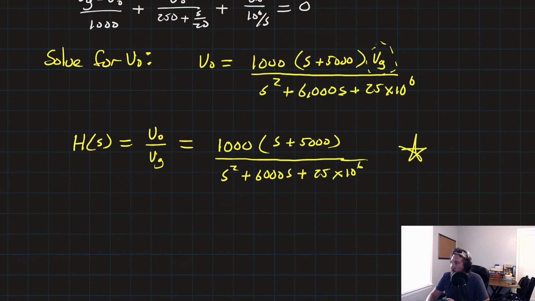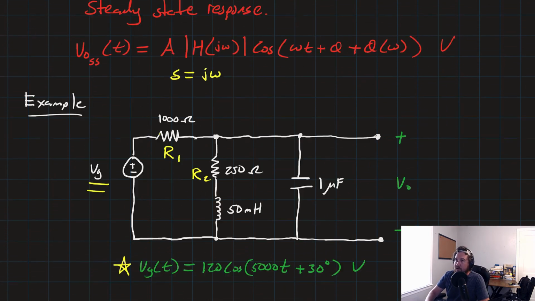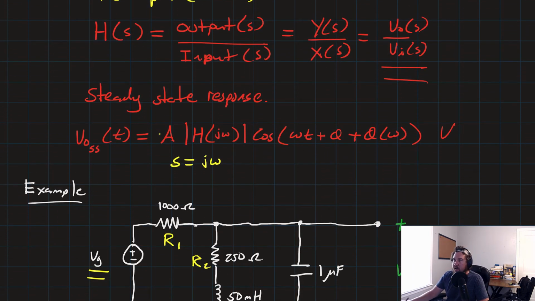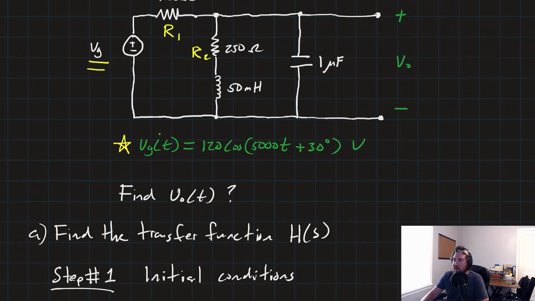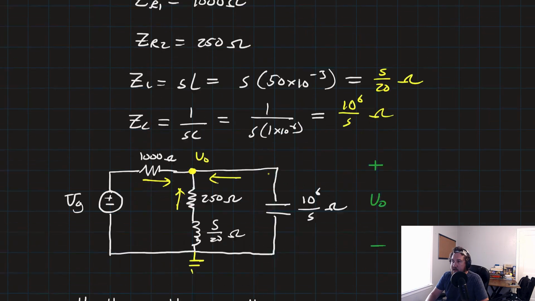Now, if we want to find the steady state response, all we need to do is scroll back up to the top here and see what was our function. In what we were given, our omega was equal to 5,000 radians per second.